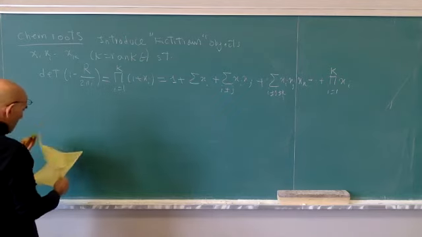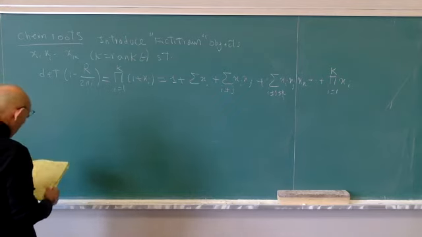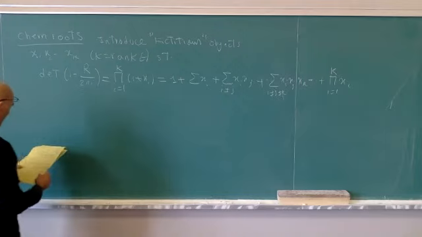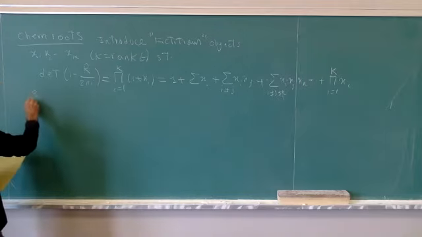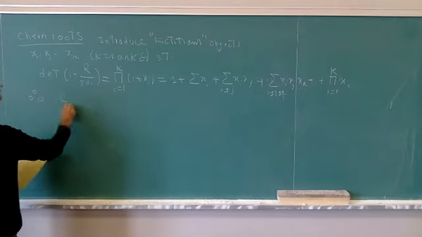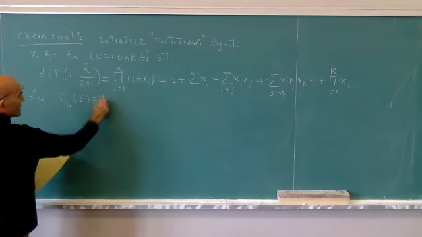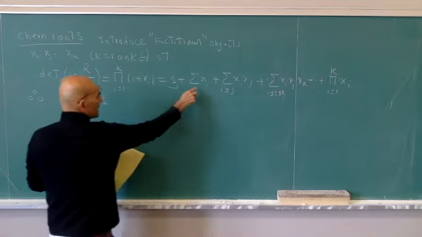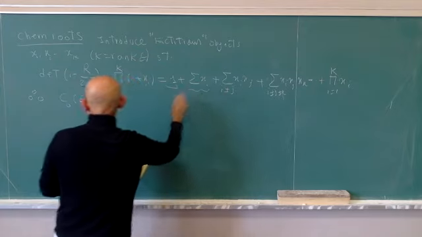Okay, now, c0 of E, of course, as we saw, is 1, this term. But this term is c1 of E, right?